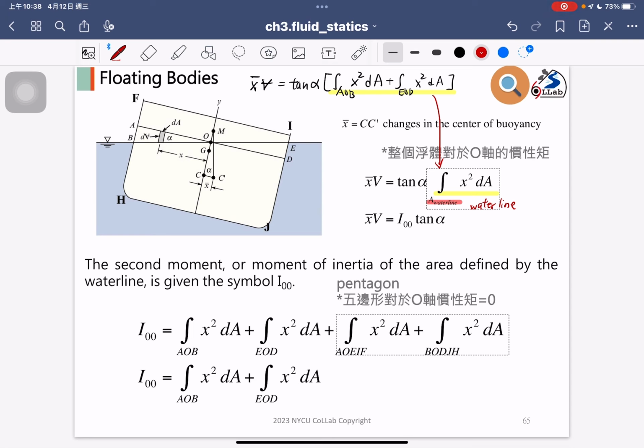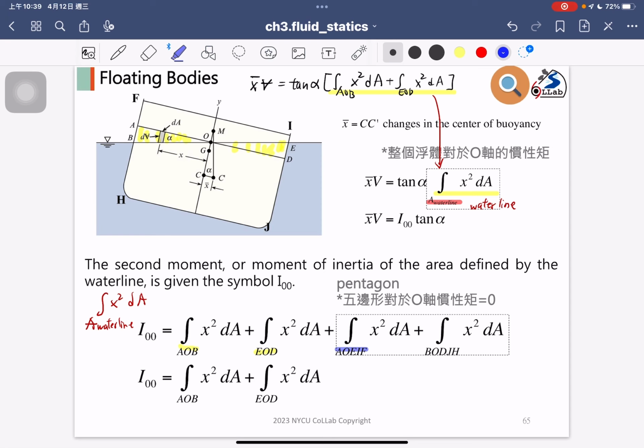If you take a look, if I do the integration over the waterline area, the second moment will equal that of AOB and EOD. So the AOB is here and the EOD is here, right? And then I also need to add the waterline contribution area, which is the AOEIF.